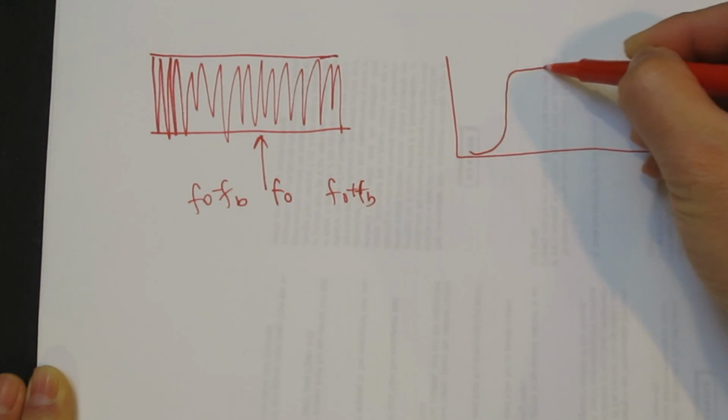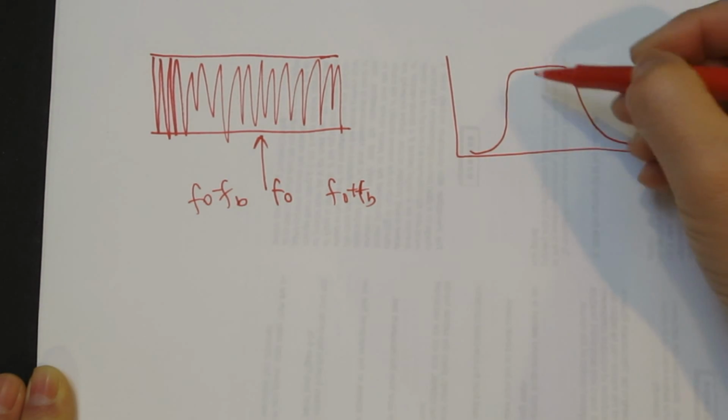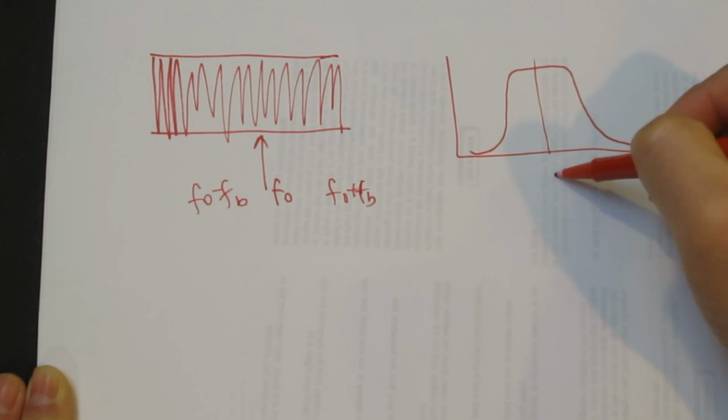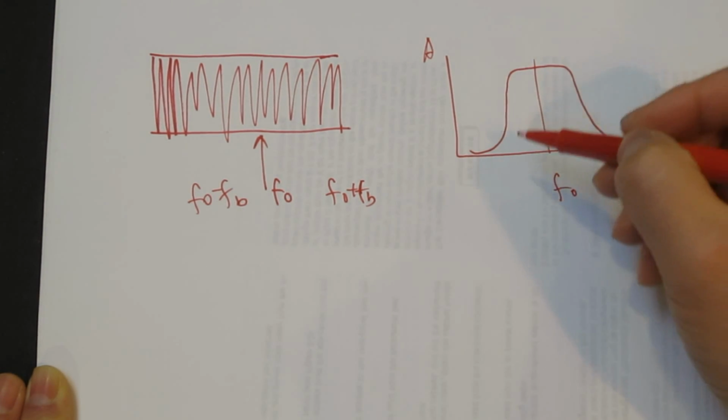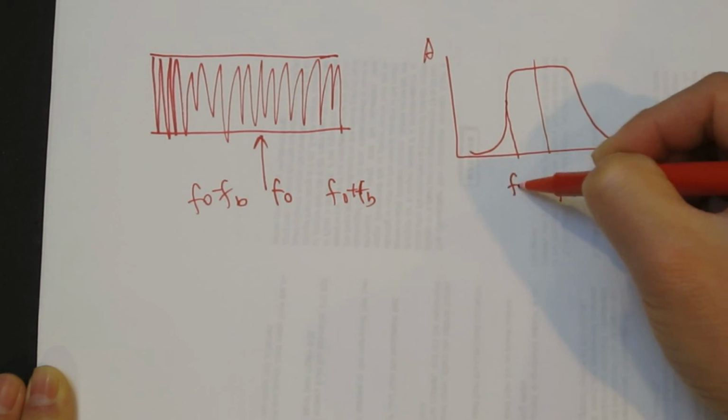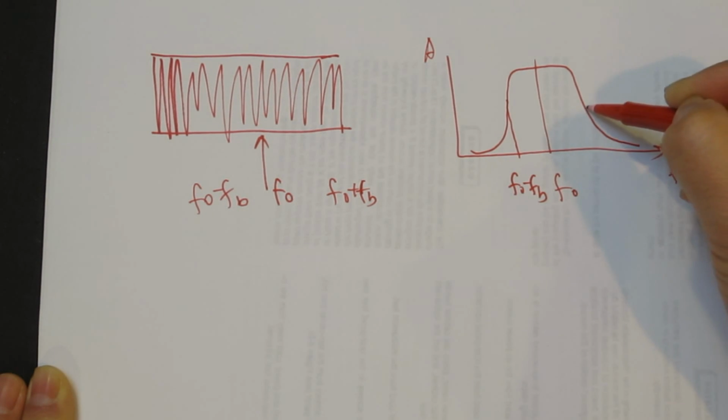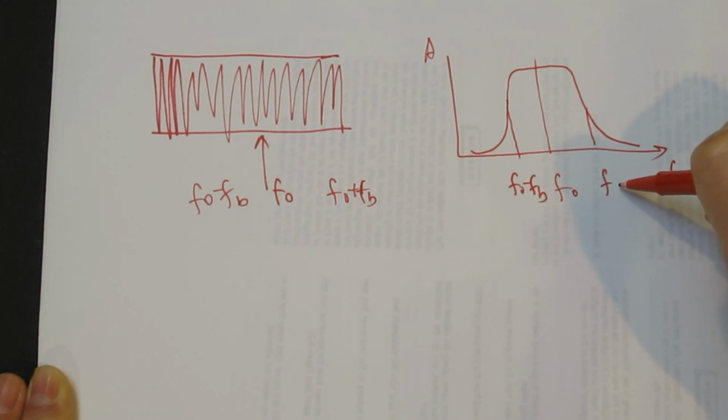So this is your center frequency F0. This is your amplitude, this is your frequency. And then we have F0 minus FB and F0 plus FB.